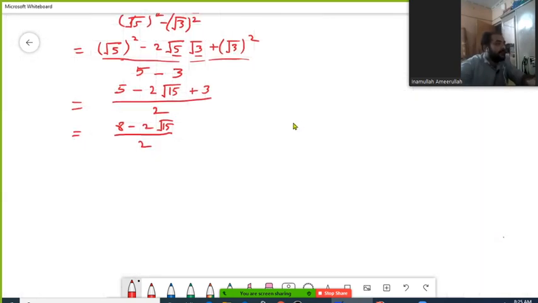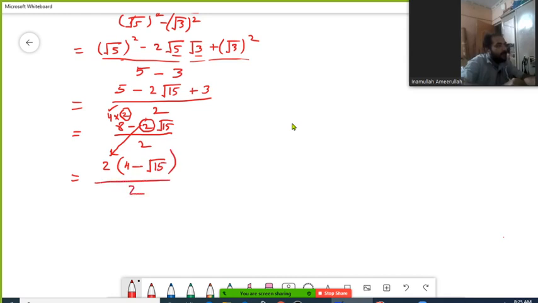Further we can simplify this. Look at this: this term is 8 and this is 2. So I can take out 2 as a common factor. This 8 is actually 4 into 2. So if you take out 2, 4 is left within the bracket, minus, and this 2 went out, so here we have only root 15, bracket close, upon 2.